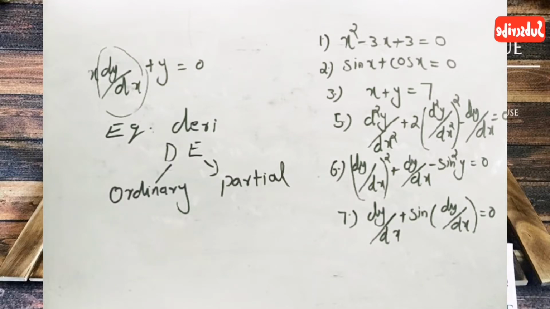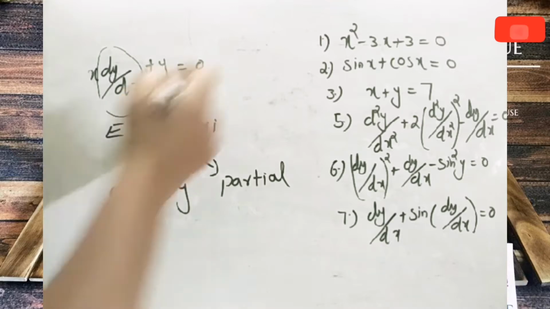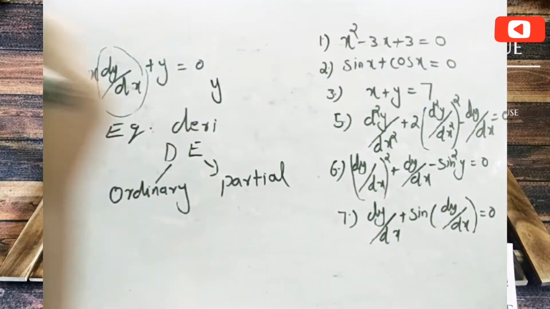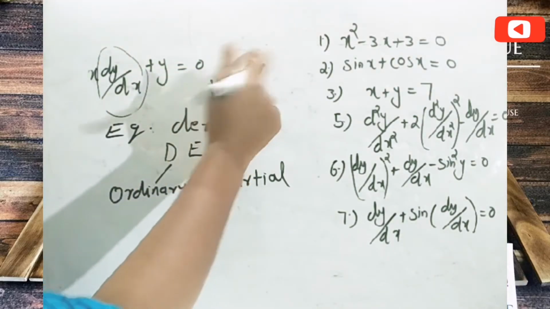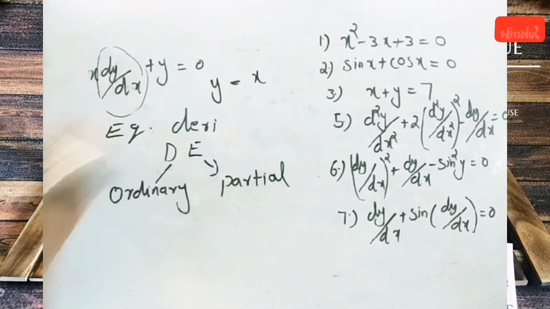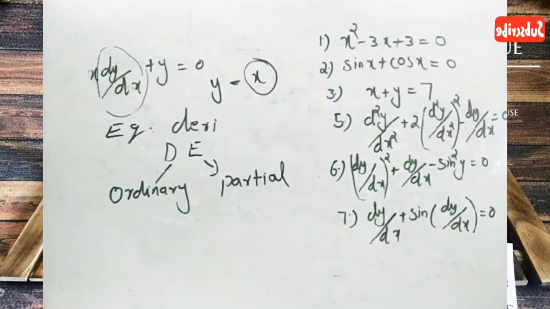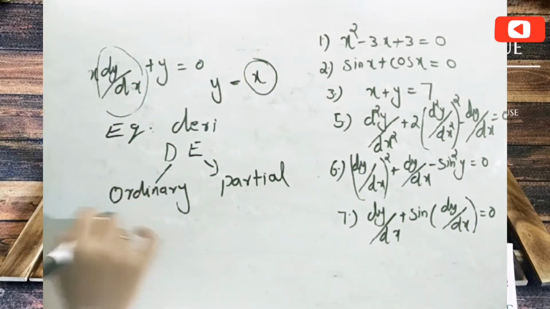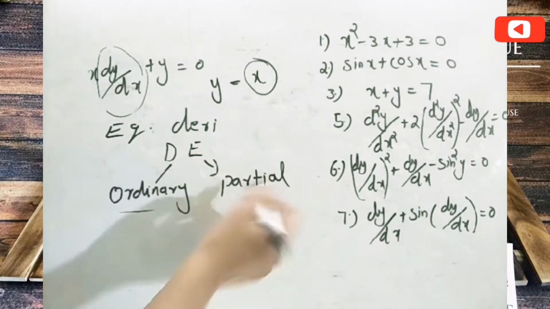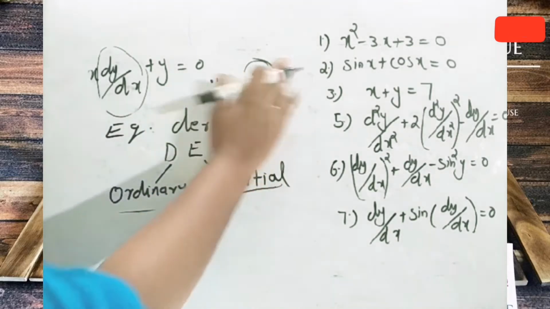Here y is our dependent variable and y is in terms of x only, so only one independent variable we have. Otherwise, it is called a partial differential equation.